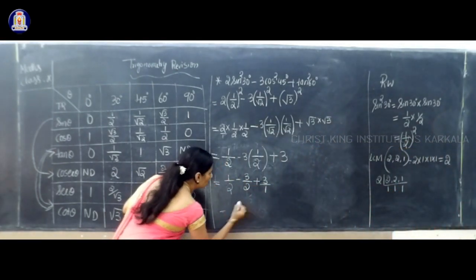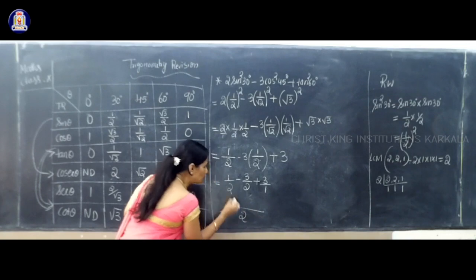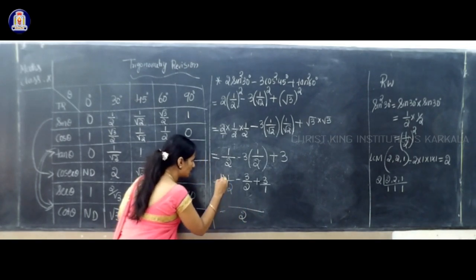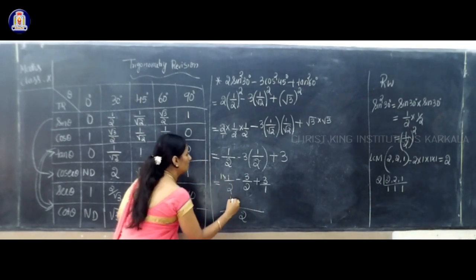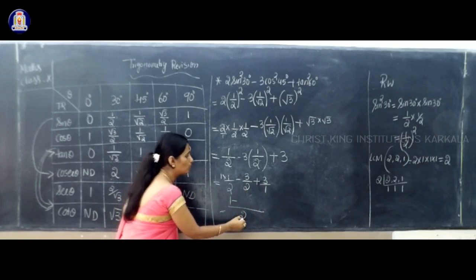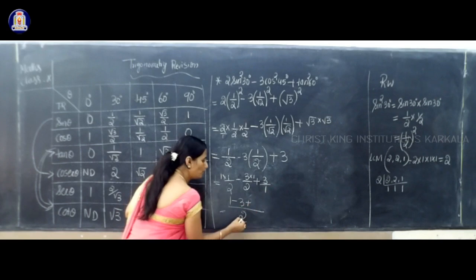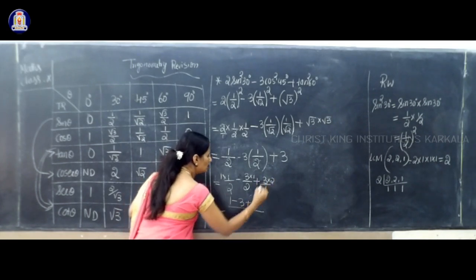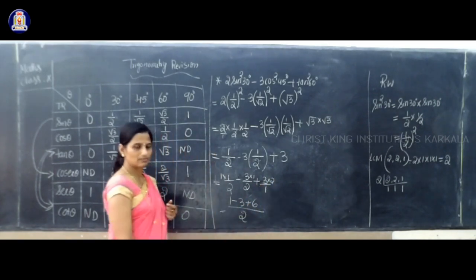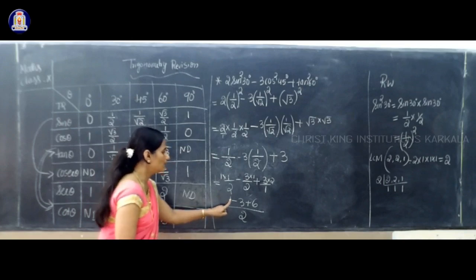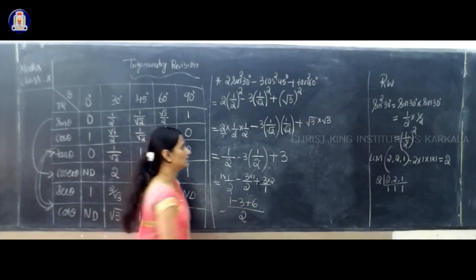So that is equal to 2. Next, 2 ones are 2, 1 into 1 is 1, minus; 2 ones are 2, 1 into 3 is 3, plus; 2 ones are 2, 3 into 2 is 6. So now simplification: 1 minus 3 plus 6.